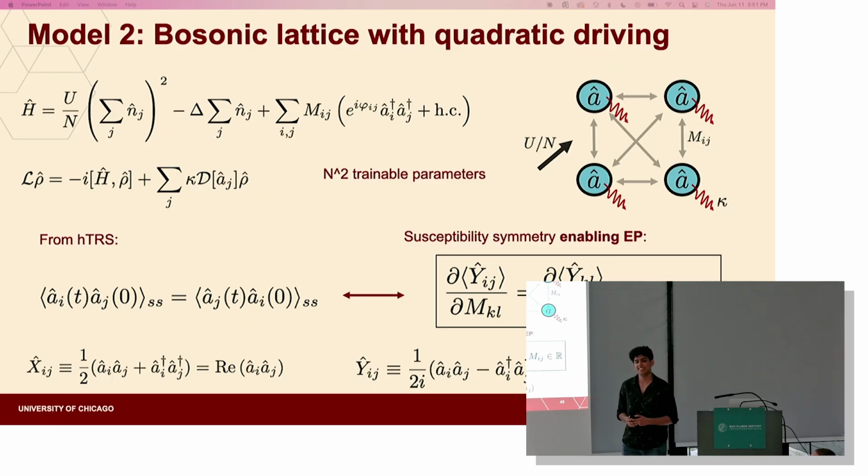Other questions? Just a quick follow-up question also about the bosonic model. Here you have these phases, the e^{iφ}. Do you still have reciprocity when they're non-zero? You have to pick a gauge, basically. Here I pick all of these to be real. You have freedom in a total of n-squared parameters, but you can't just pick anything.